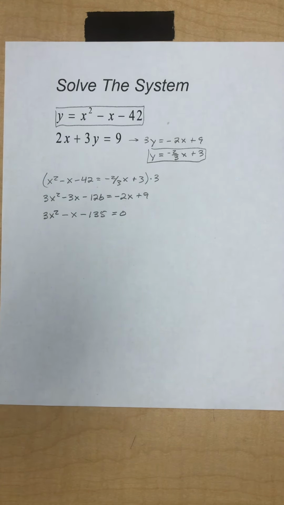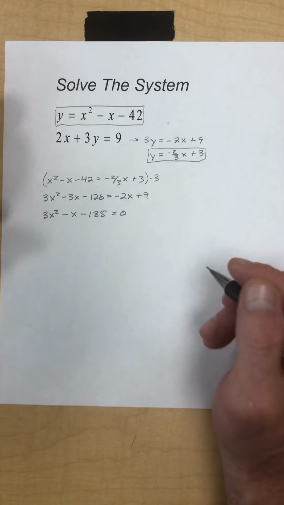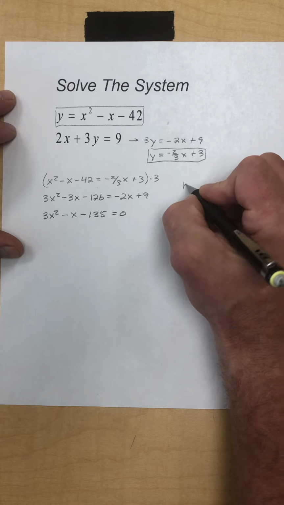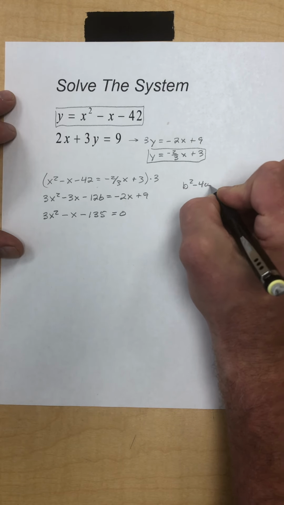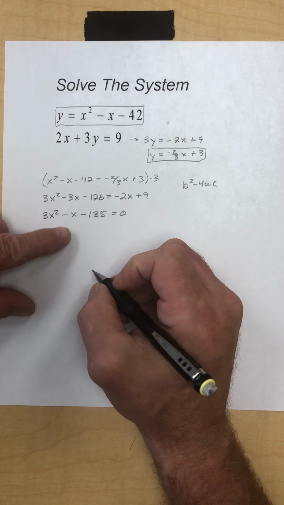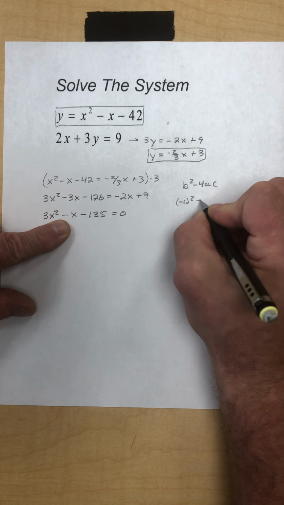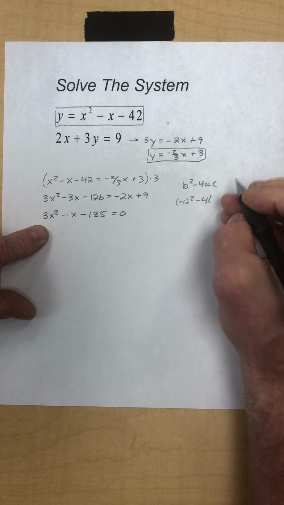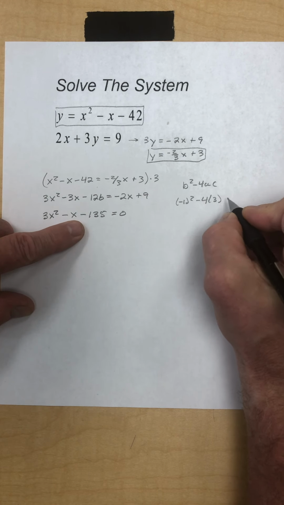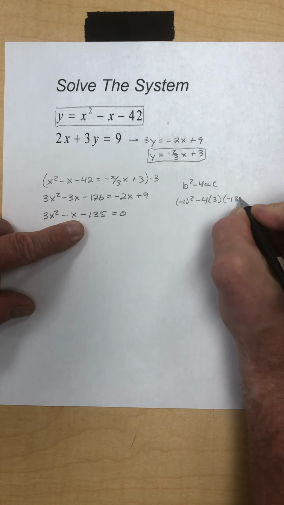Now I'm looking at that and thinking, it might factor, it might not, so I'm going to look at b squared minus 4ac and see whether or not it factors. So b is negative 1, so I get negative 1 squared minus 4 times a, which is 3, times c, which is negative 135.